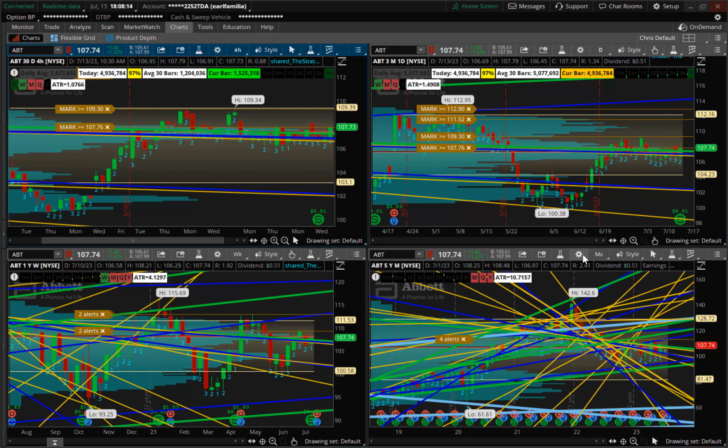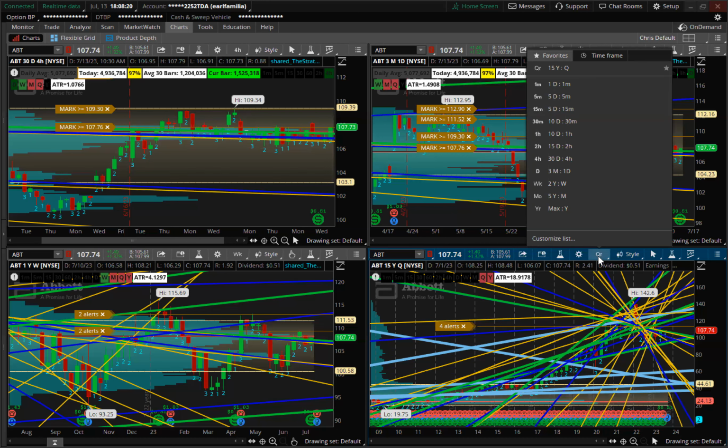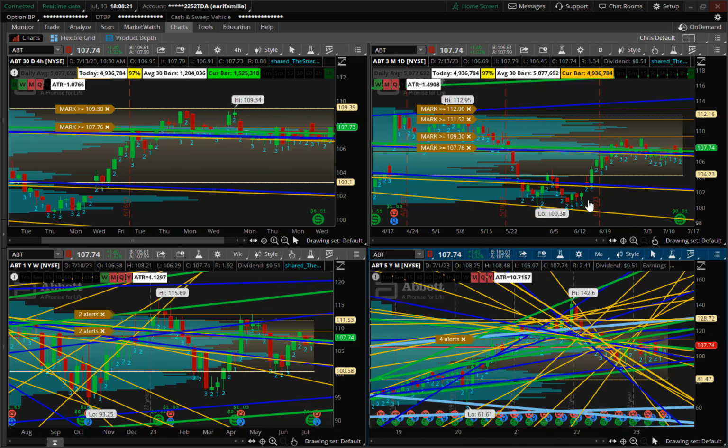It also hits other levels, and there's another trigger point that I was looking at. It looks like it's been consolidating for the last 2 weeks, and tomorrow may give us an opportunity to break out of the range. There's a little chop range that it's been in for the last 2 weeks. So that is a potential opportunity there on Abbott.